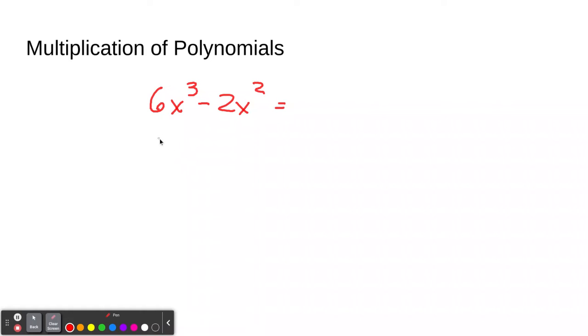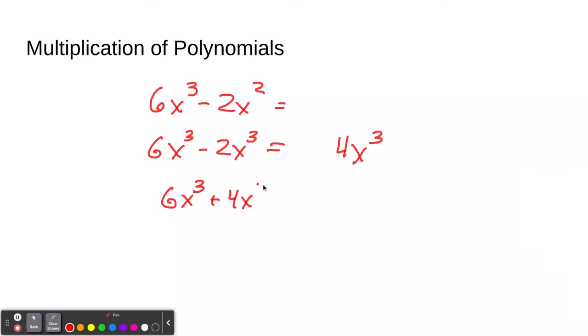So if this was, for example, 6x cubed minus 2x cubed, what would that be? Do they have the same variable? Yes. Do they have the same power? Yes. So 6 minus 2 is 4, so it would be 4x cubed. And let's say, what if I had 6x cubed plus 4x cubed?